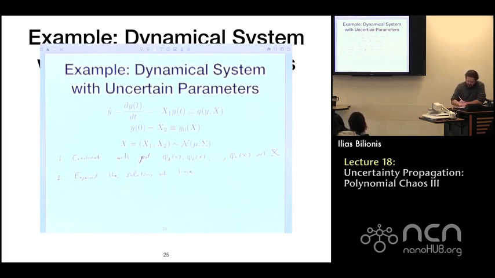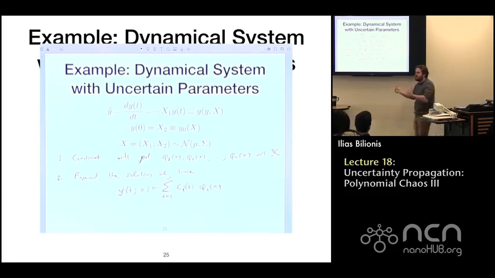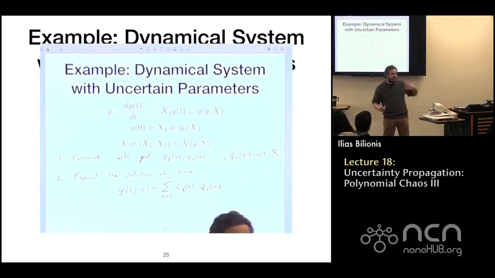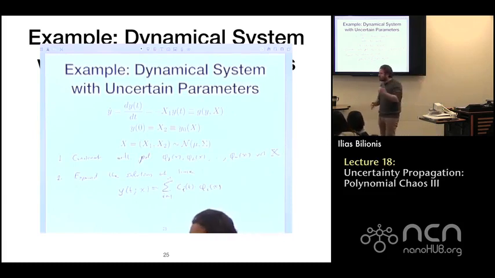So we say y of t, if all the random parameters are x, I'm going to expand it in a polynomial basis. Here are my polynomial coefficients, here are my polynomials. The polynomials are functions of x, and I better make the coefficients functions of t. So the coefficients change with time. You have a different set of coefficients at every time.